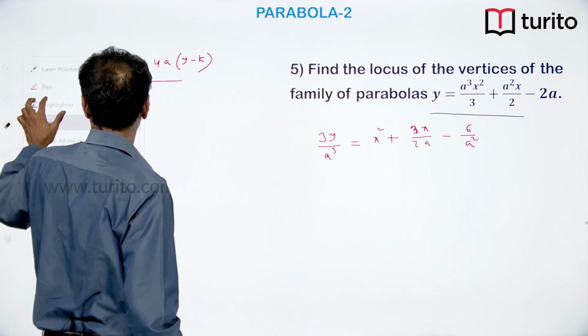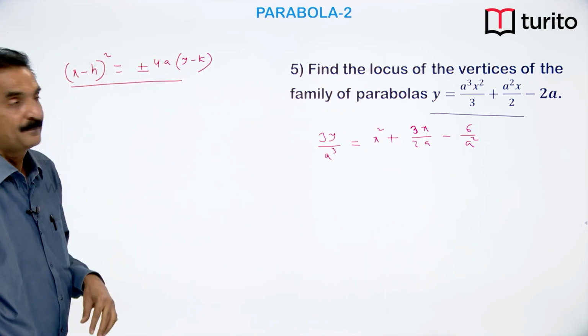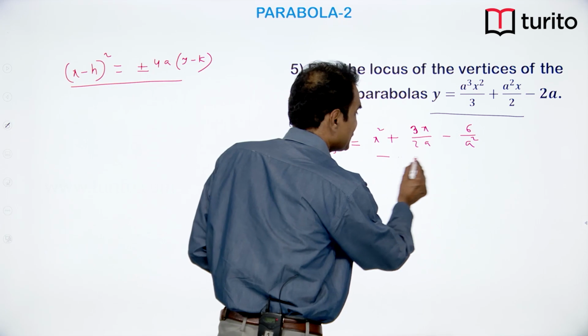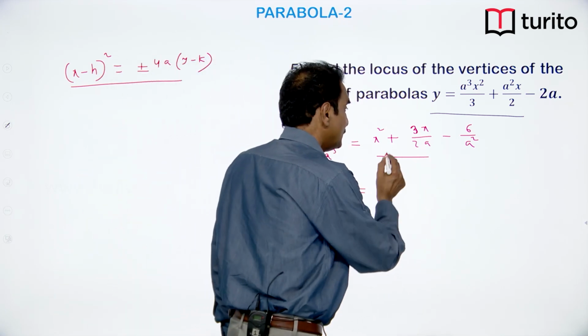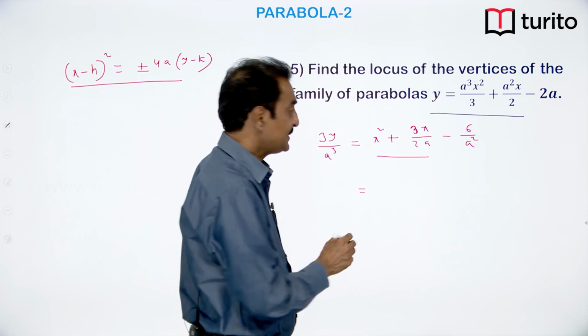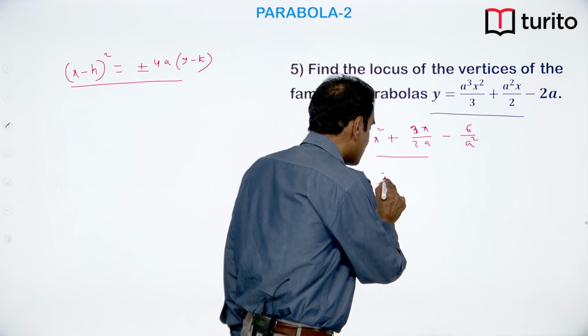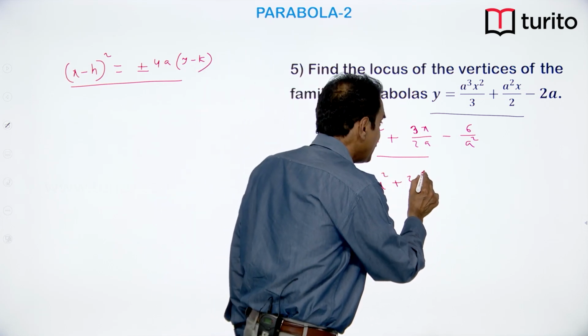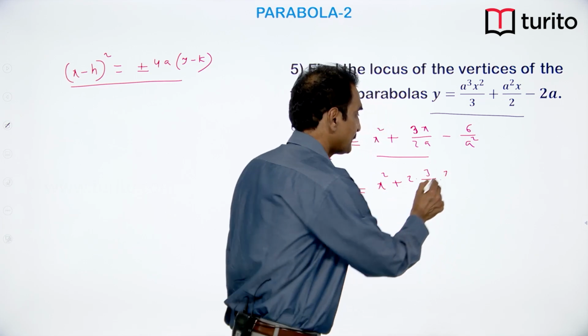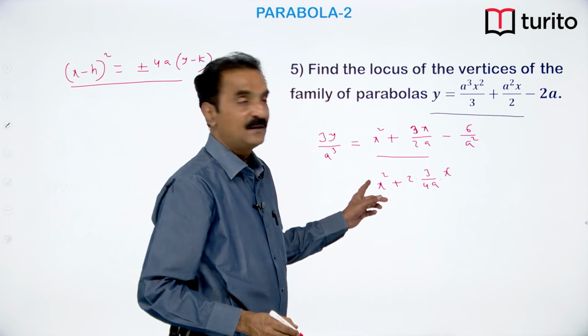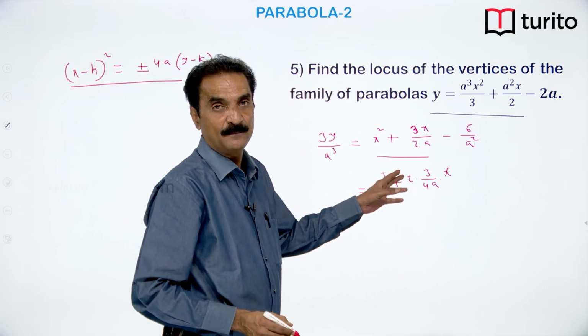Now how to convert into this standard form? By making this a perfect square. To make this a perfect square, we will write it as x square plus 2 into 3 by 4a into x, in the form of a square plus 2ab.